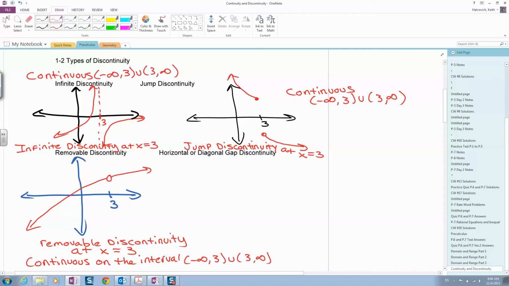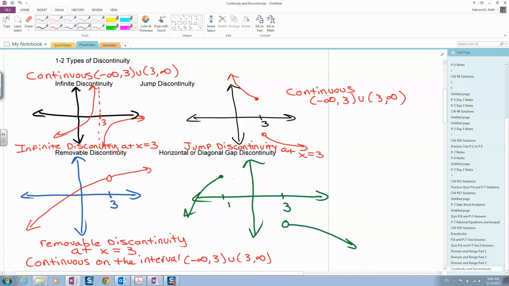A horizontal or diagonal gap discontinuity is when you have a graph that looks like this. Let's say this is at 1, goes like this, and then the gap, maybe till 3, then the open circle is all the way over here. So notice there's a horizontal gap, meaning there's space in between, or a diagonal gap.